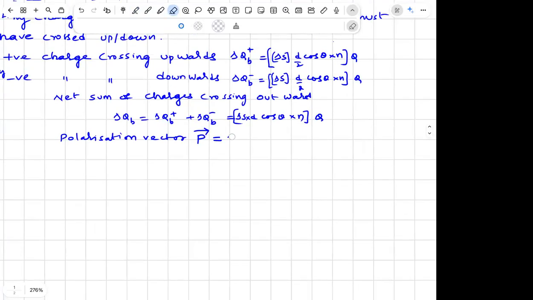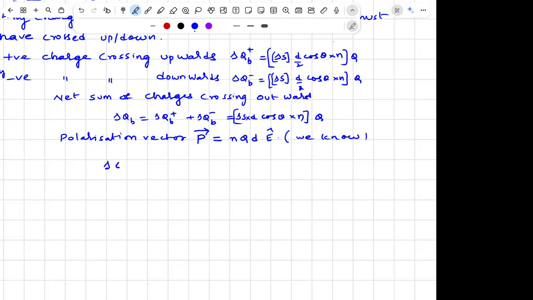This is the dielectric polarization vector. So it is nothing but N Q d cos theta: each dipole Q d into N per unit volume. So from this I can say, this we already know.